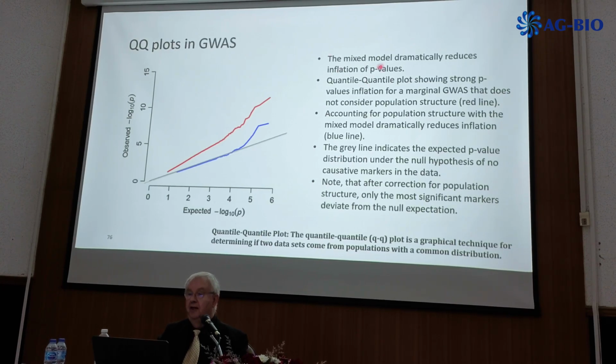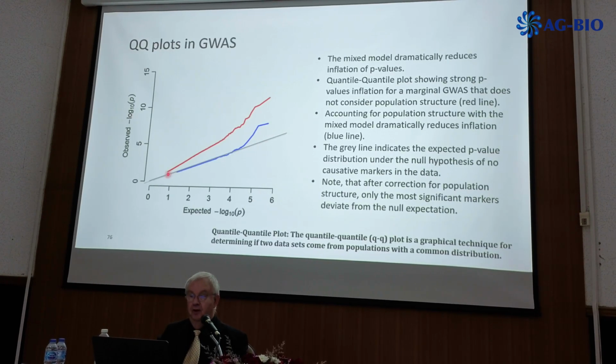So I mentioned already the mixed models, and the mixed model is a statistical method that dramatically reduces the inflation of the p-values. Normally, in the ideal situation, you have the gray line with a few exceptions, and these can be the points that you find above the threshold in your Manhattan plot.